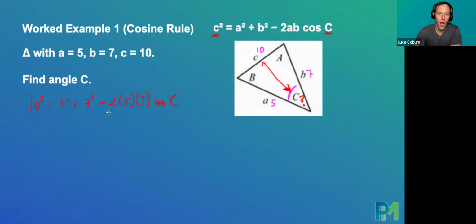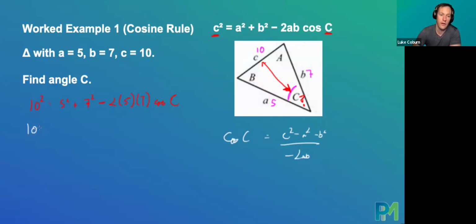Okay, now we're after cos C, so we have to get cos C on its own on one side. You may have seen this before, where cos C is written as c squared minus a squared minus b squared all over minus 2ab, or something like that. That's just taking this formula and sorting it out.